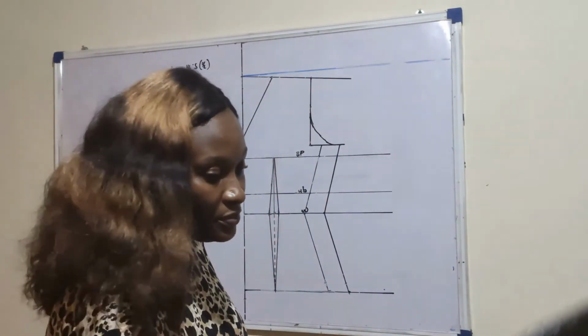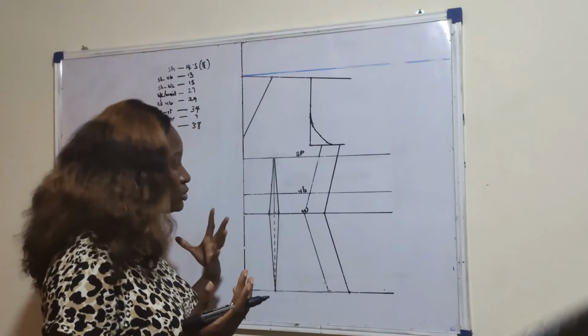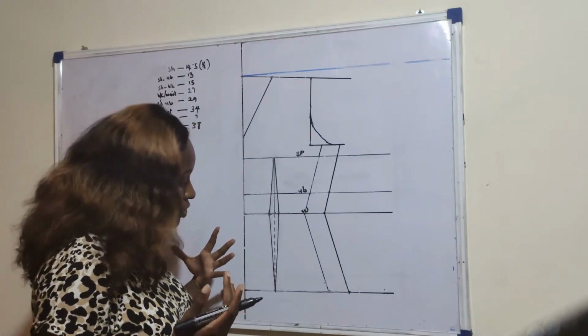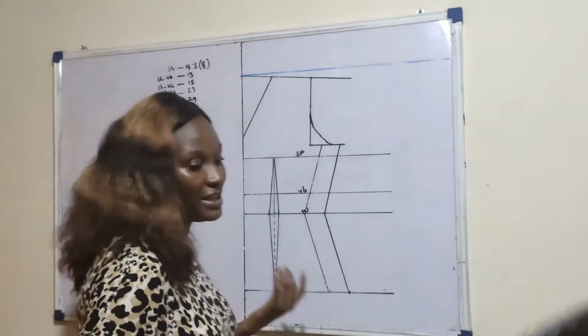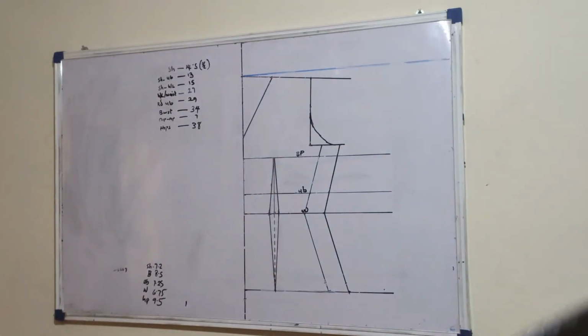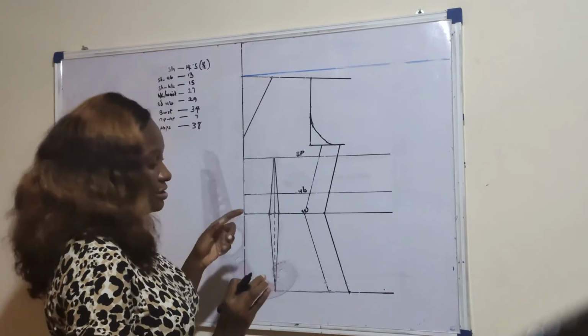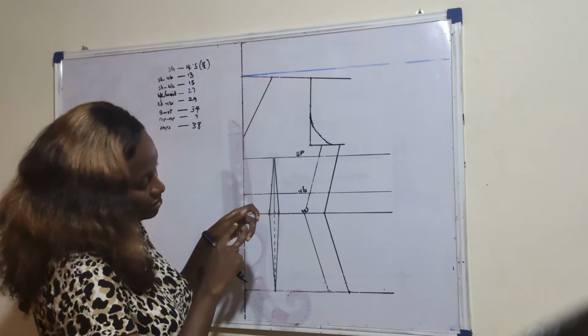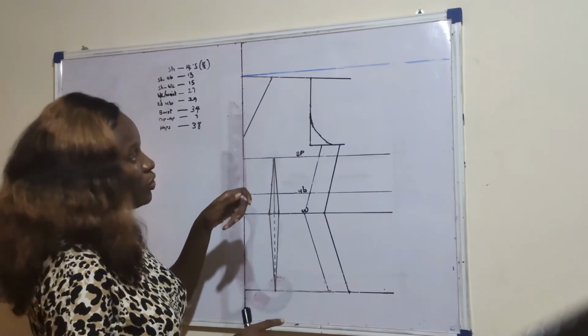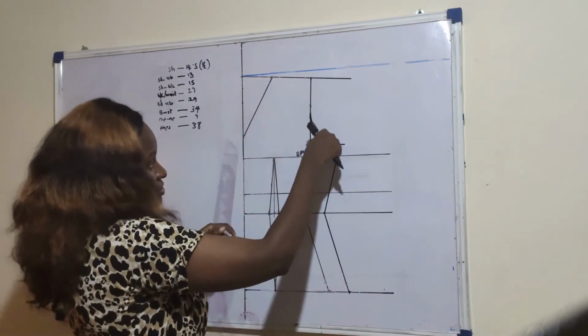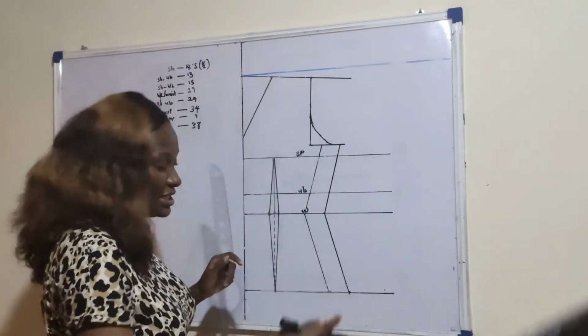And you can use your curve rule, or you can use your free hand. Now this is the curve. You can use this for your ankle curve, but I use free hand instead.